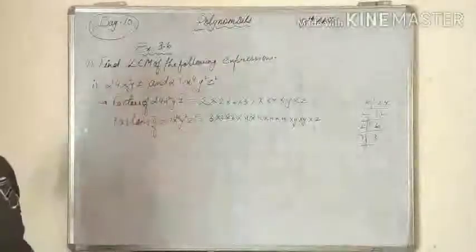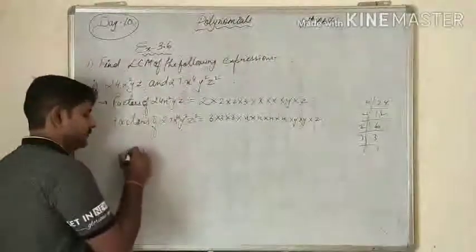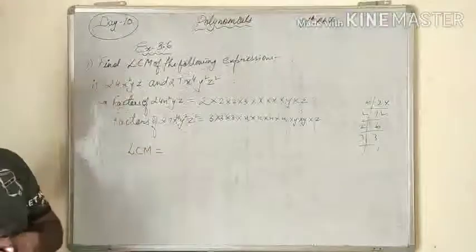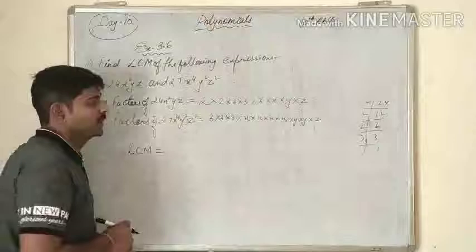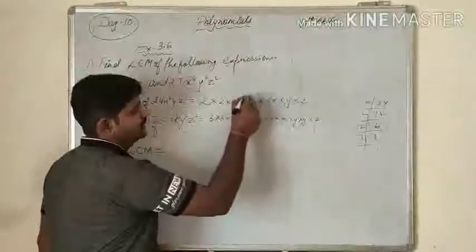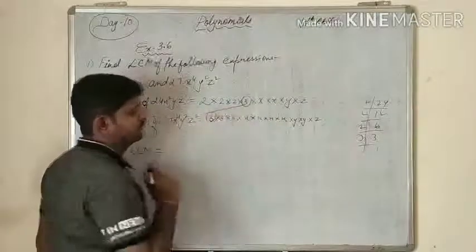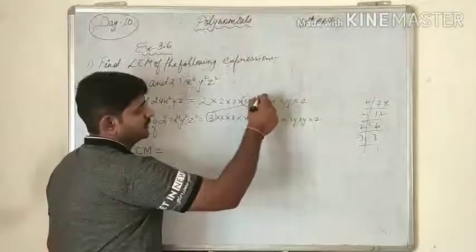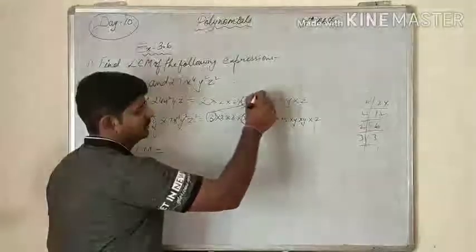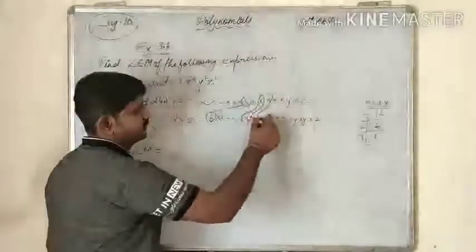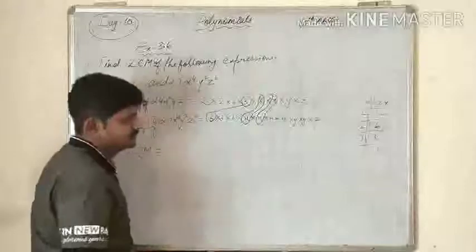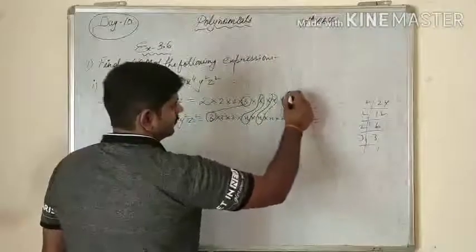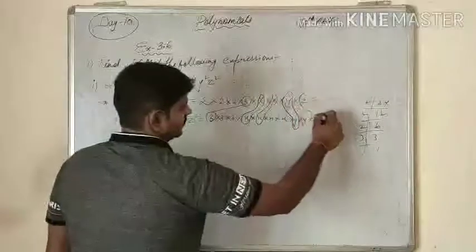So in this situation we have to find out LCM, least common multiple. Least. There is only this 3 common. There is x common, this x is common, this y is common, this z is common.